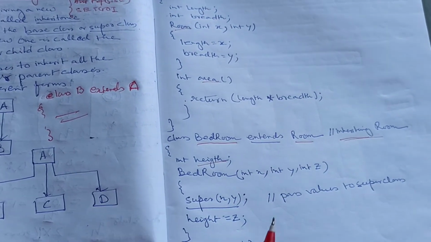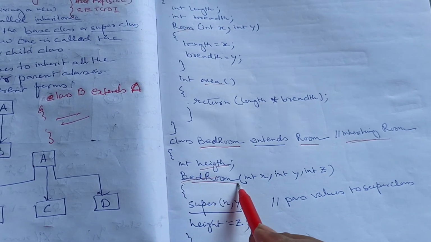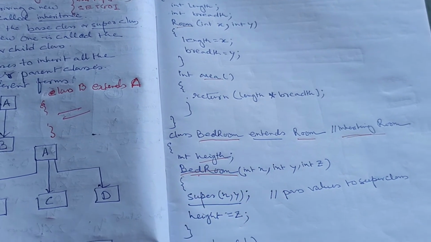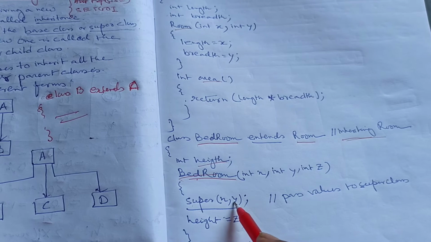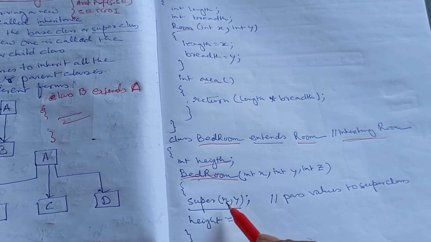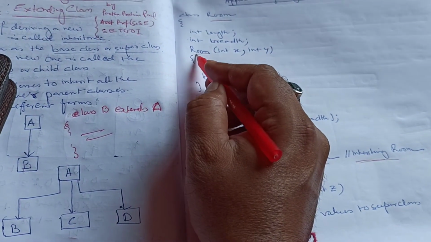Now this is the constructor of the bedroom class. Here we have written super x comma y. This super keyword passes the values x and y to the room constructor.